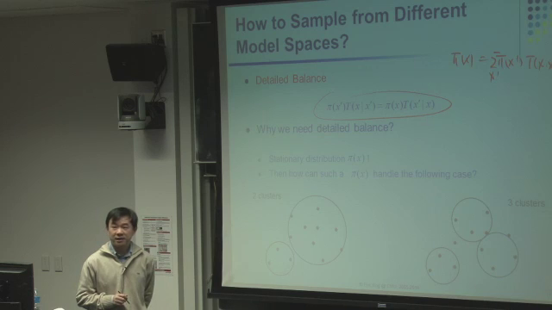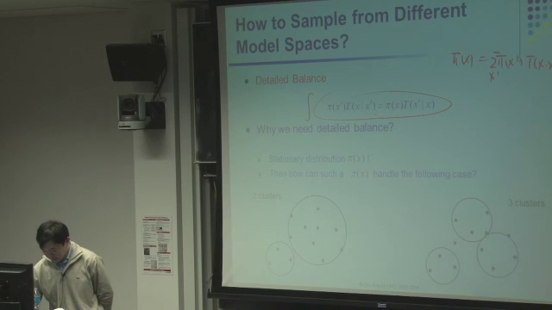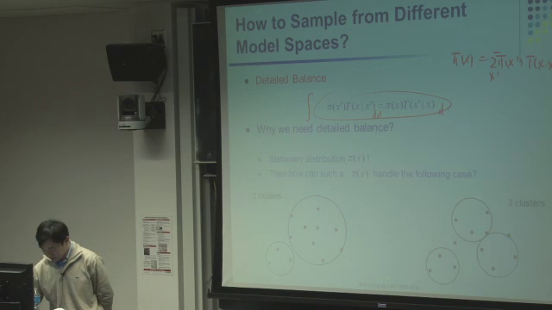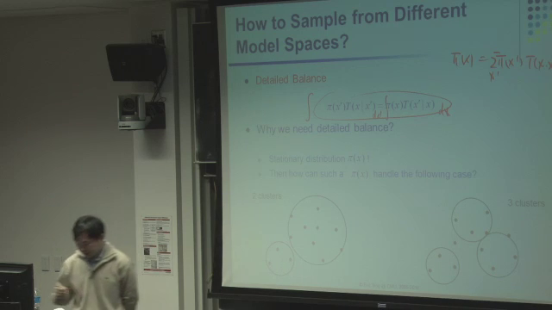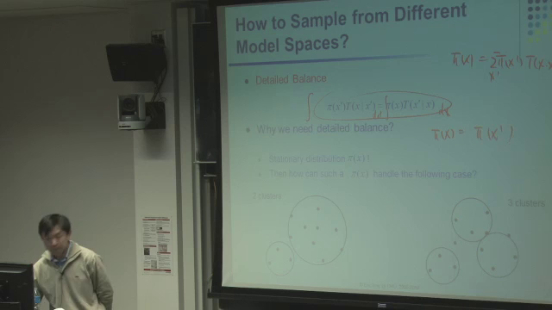There's another way, which is you can now take an integration over here. In this case, I take integration over dx prime, and here you take integration over dx. And at the end of the day, you are going to get pi of x is equal to pi of x prime.